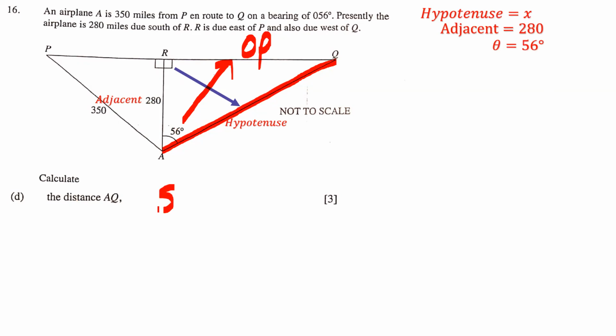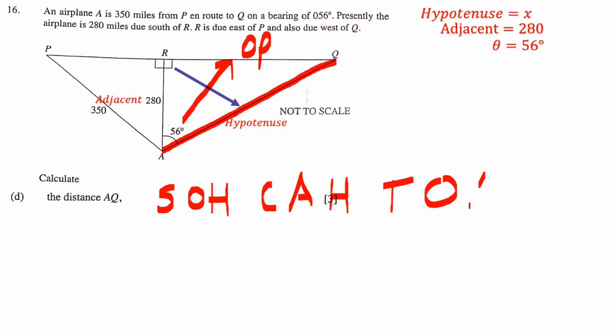Remember SOHCAHTOA? We have sine, opposite over hypotenuse. Cosine, adjacent over hypotenuse. And we have TOA, tangent, opposite over adjacent. So which one will we use? Can we use sine? We don't know what the opposite is, so we can't use sine.